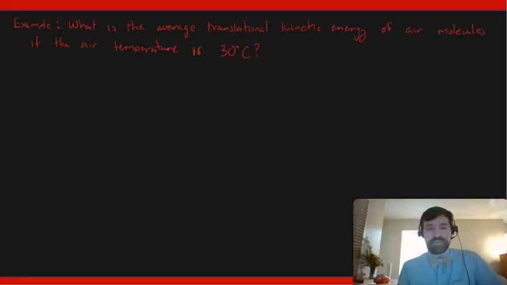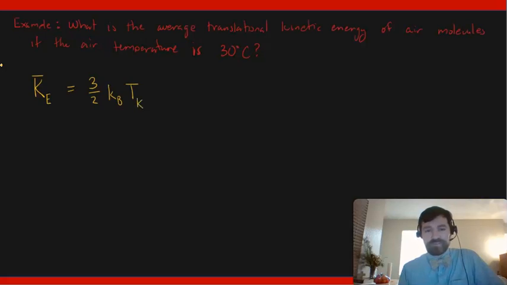So here's a quick example. What's the average translational kinetic energy of air molecules if the air temperature is 30 degrees C? All right, well, the average kinetic energy, which I'm using a bar over the K sub E for, is 3/2 of the Boltzmann's constant times the temperature. But that temperature needs to be converted into Kelvin.